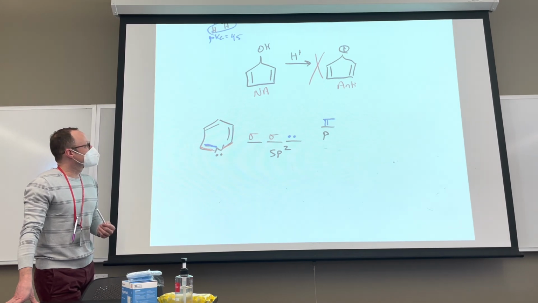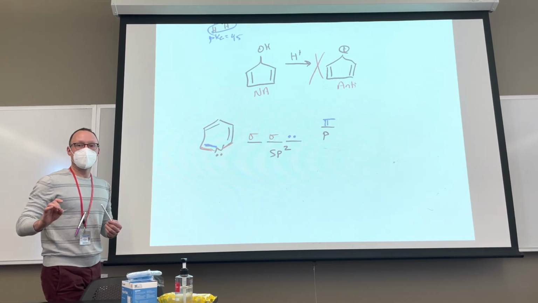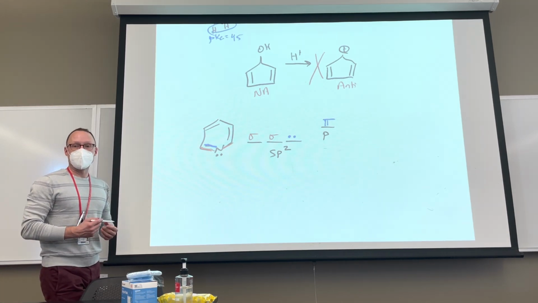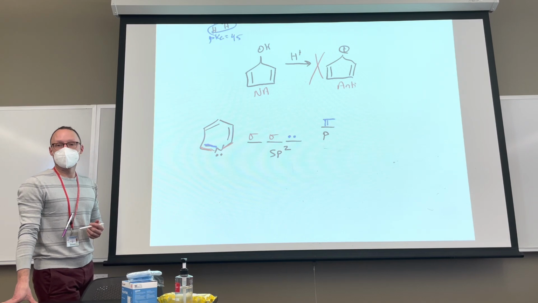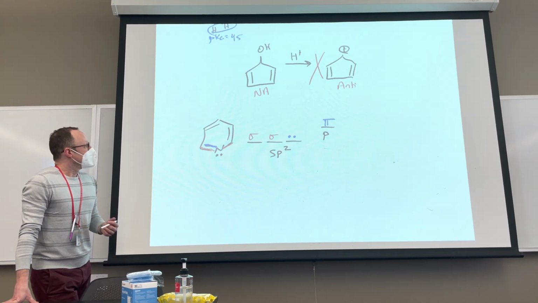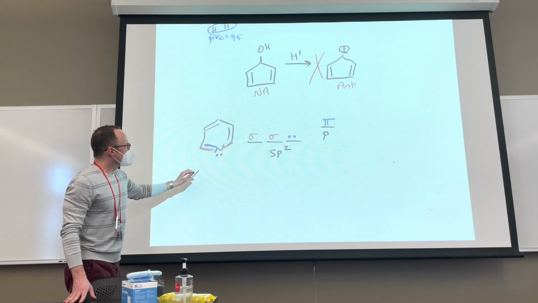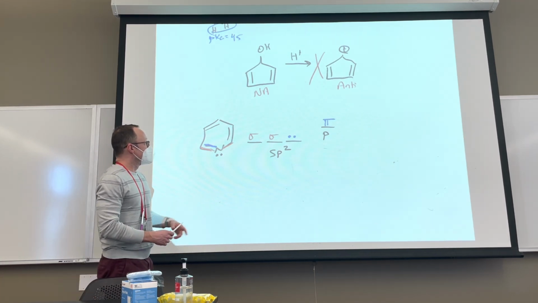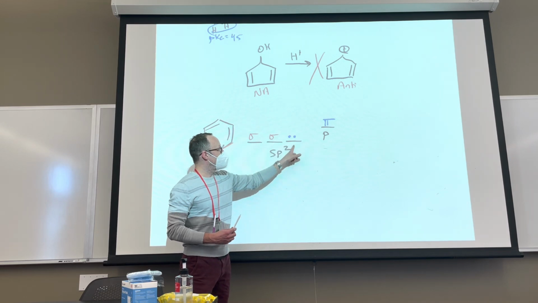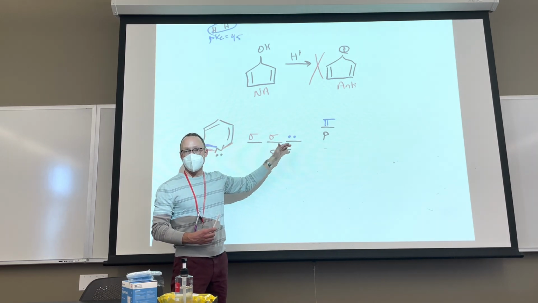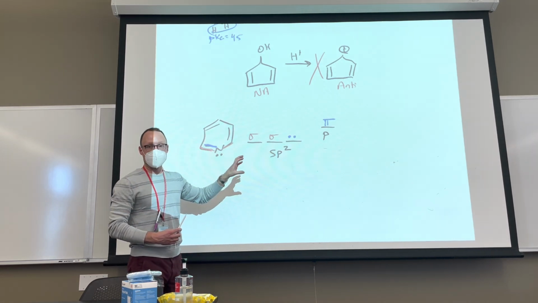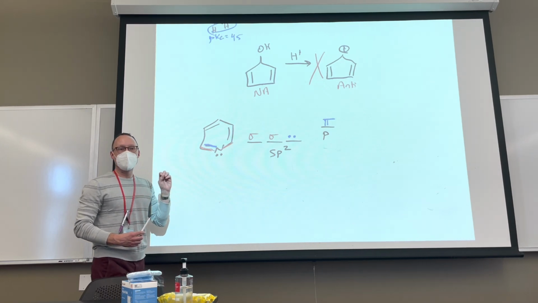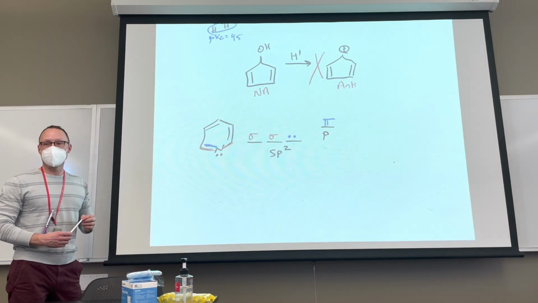There's no way you can have something with a single pi bond and have it be sp hybridized. Okay, so what we're looking at here, in terms of the number of pi electrons, is showing us that the lone pair of the nitrogen is not in a p orbital, and therefore is not part of the pi system.